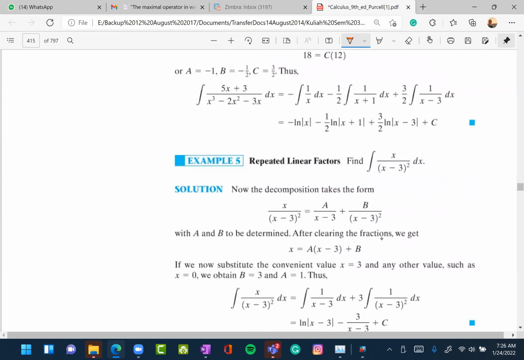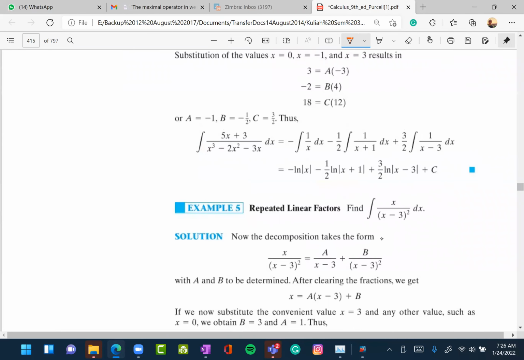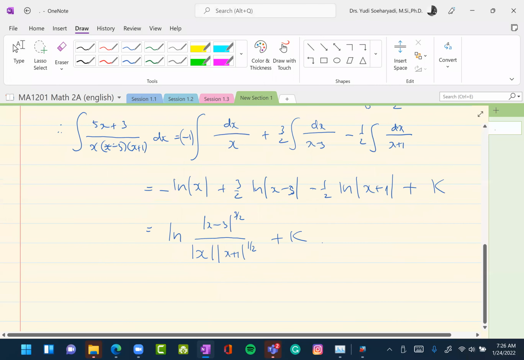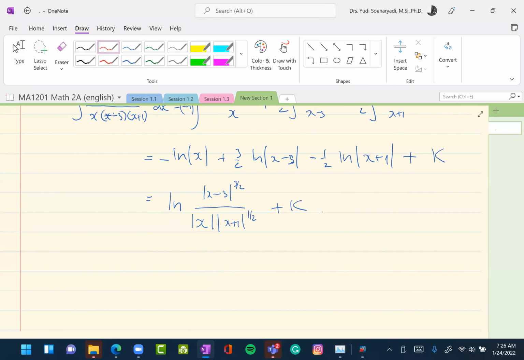Now, what do you do with a repeated linear factor? The linear factor is x minus 3, but it's repeated because it's a square, right? x over (x minus 3) squared. So let's do this one. So that is the case.